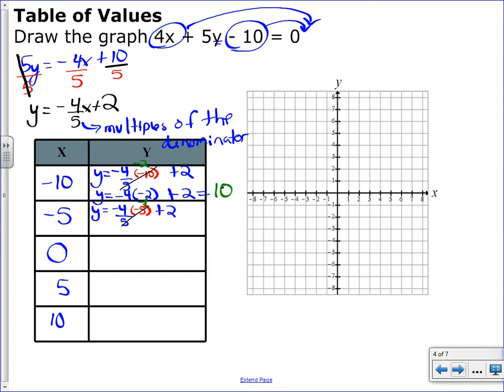Negative 1. So on my next line, I'm going to write here y equals negative 4 times negative 1 plus 2. So Tiana, what do I get? Good. Okay, Curtis, you're up for this one. Yep.